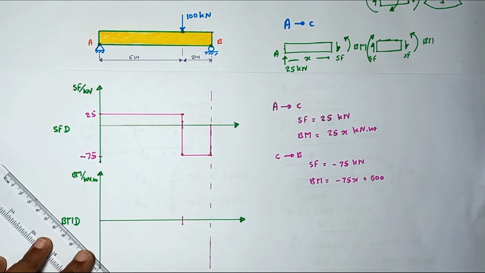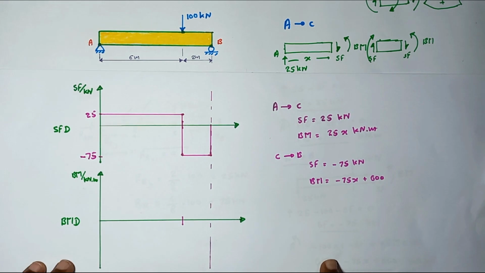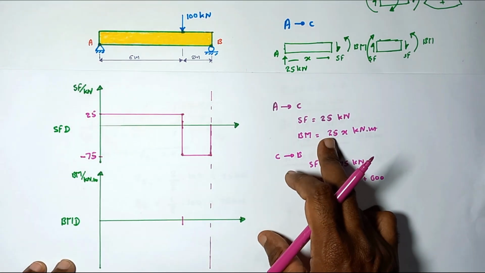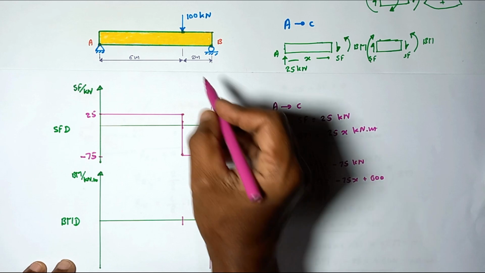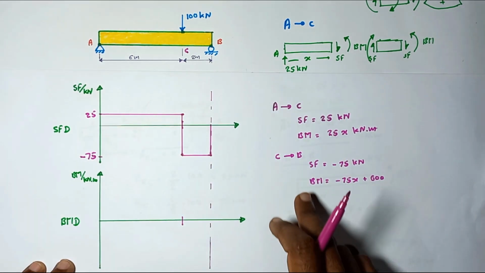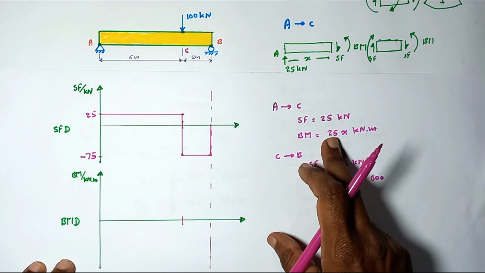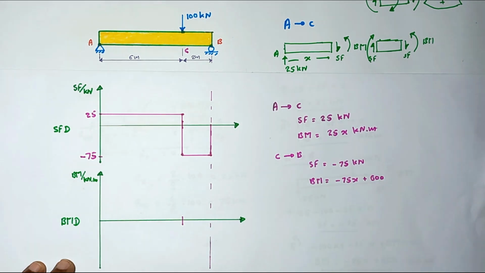Let's obtain the bending moment diagram also. For the bending moment diagram from the A to C region, the equation is 25 into x. It's like a y is equal to mx type equation.